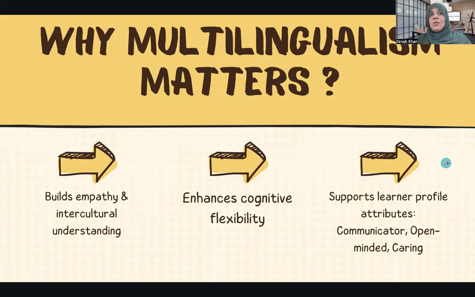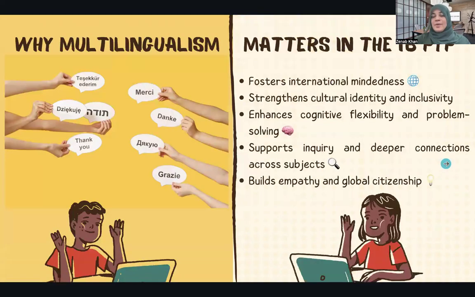If we see why this matters in the IB PYP, so here is a brief. Multilingualism in the PYP matters because it values identity, builds deeper learning, and fosters international mindedness.